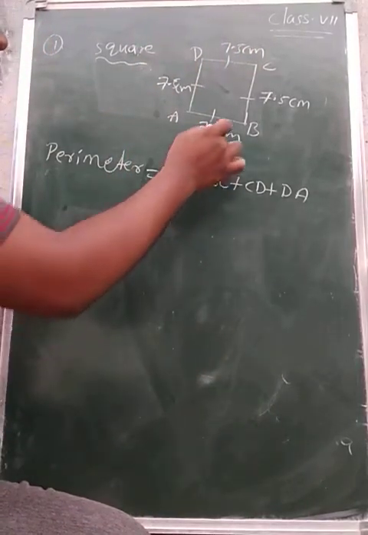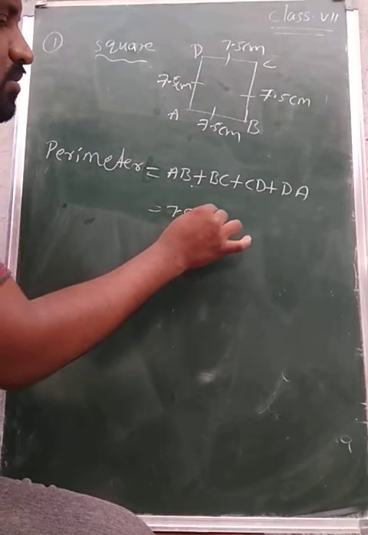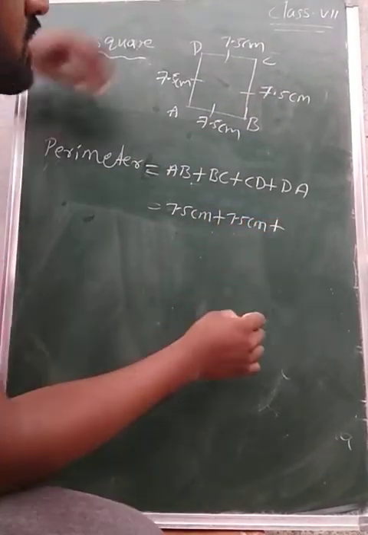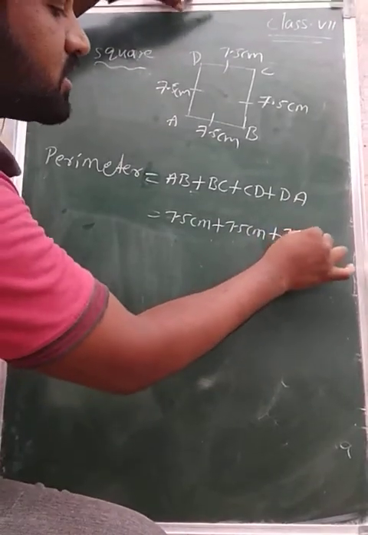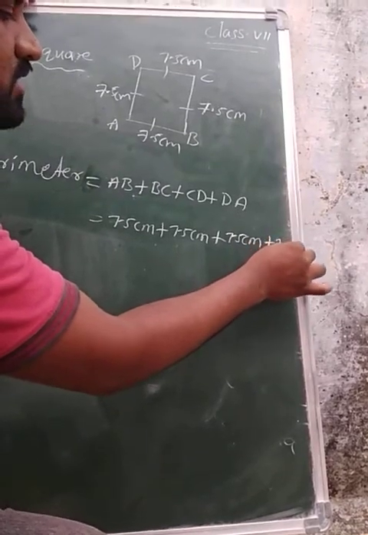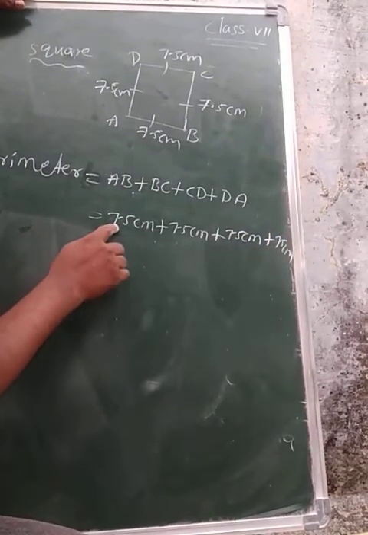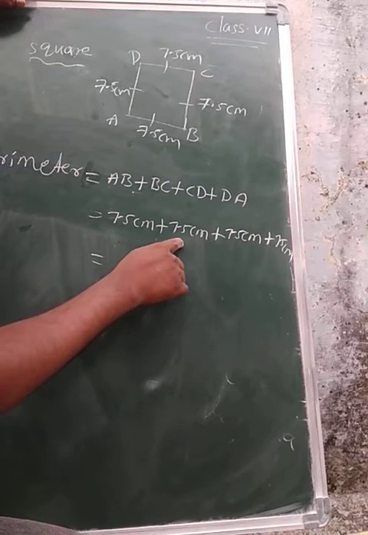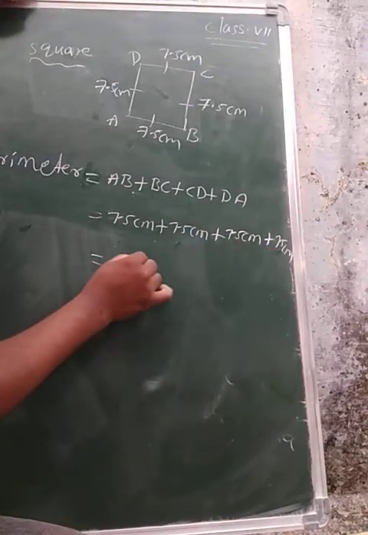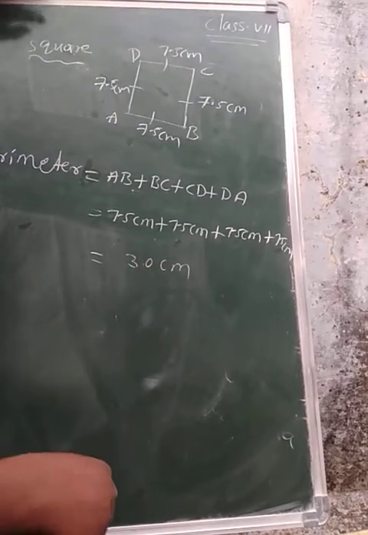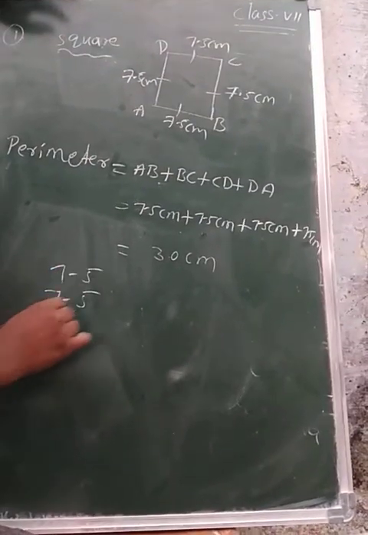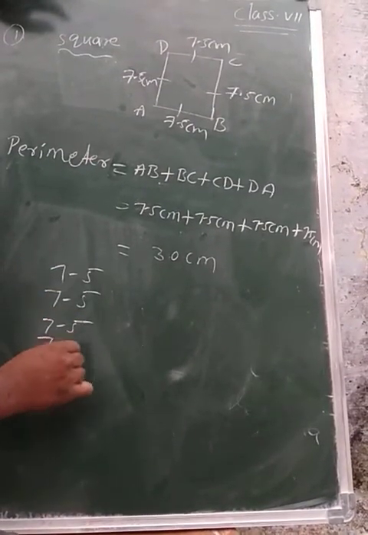See here, AB is 7.5 centimeters plus BC also 7.5 centimeters plus CD is 7.5 centimeters plus DA is also 7.5 centimeters. By adding 7.5 plus 7.5 that is 15, and 7.5 plus 7.5 that is 15, we get 30 centimeters.